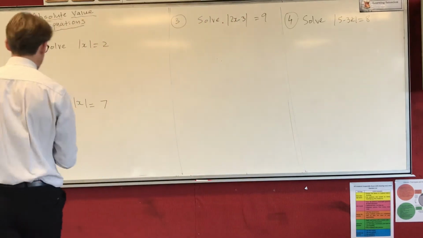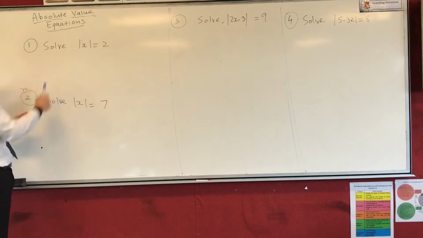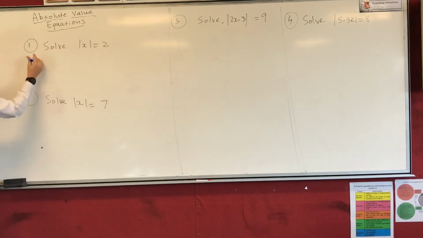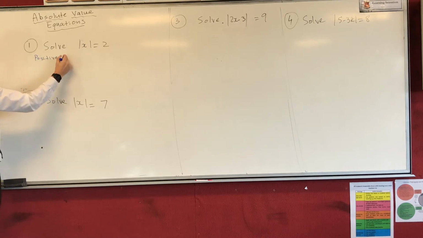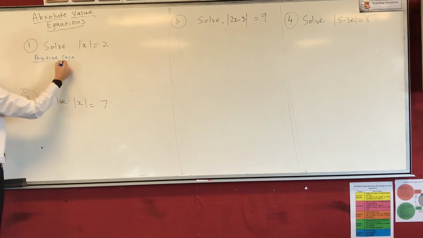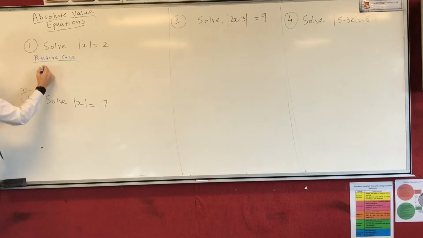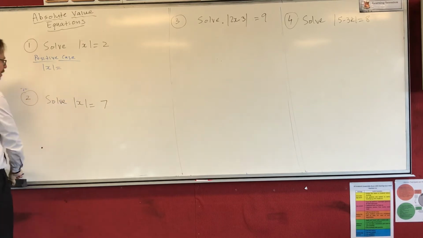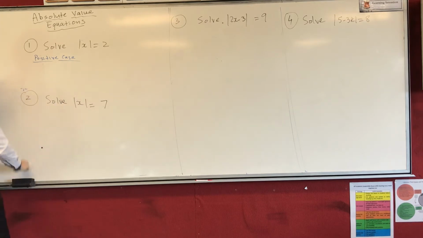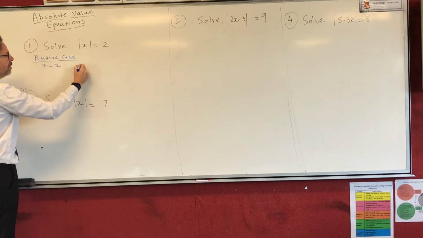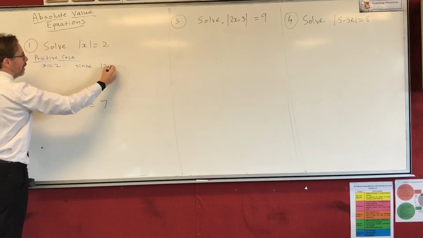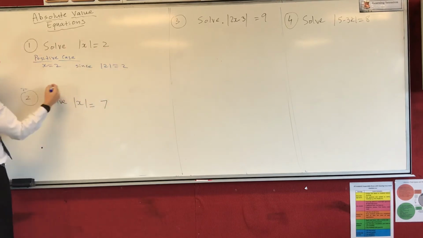So let's have a look at this first question. We've got to solve the absolute value of x equals 2. Now, there's a positive case and a negative case to consider. The positive case says x equals 2, since we know that the absolute value of 2 is equal to 2.